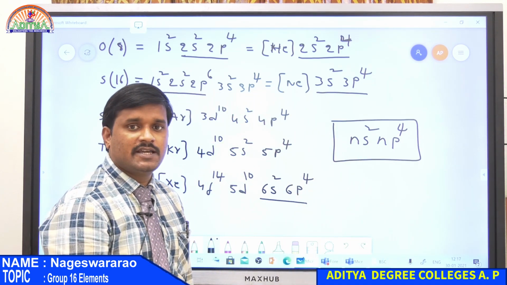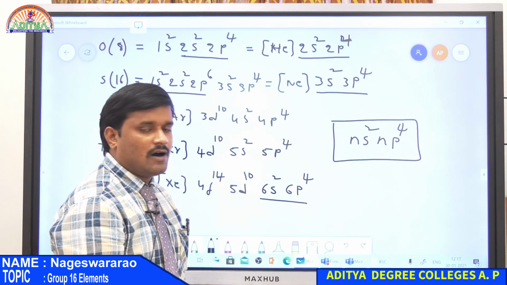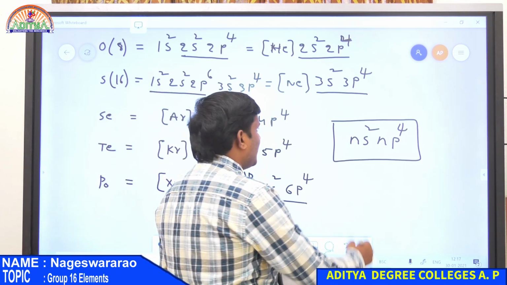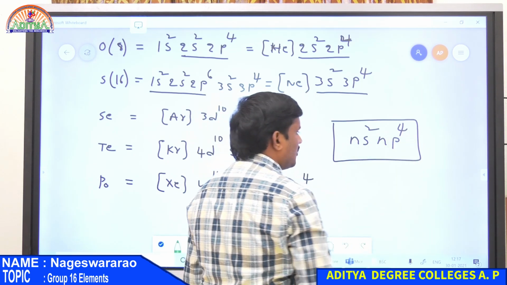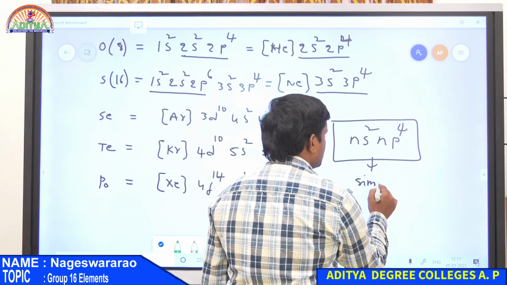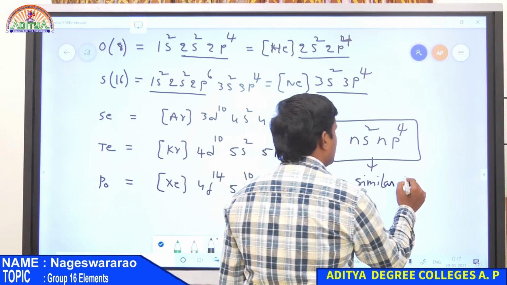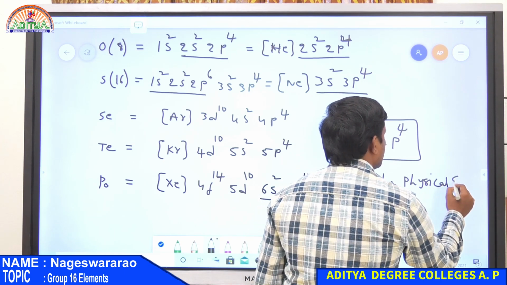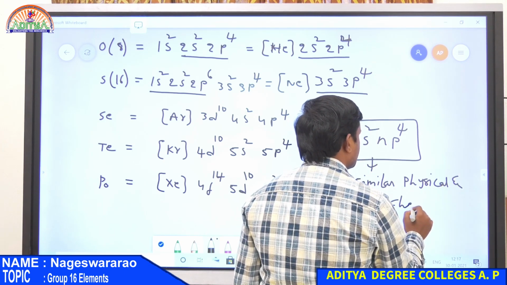This is the general electronic configuration of the oxygen family or 16th group elements. All have 6 electrons in the outer shell, therefore all have nearly similar physical properties as well as chemical properties.